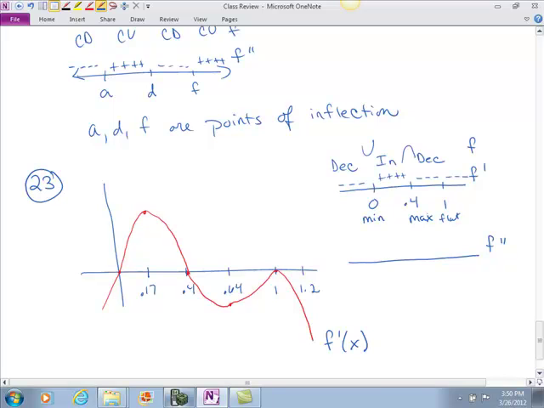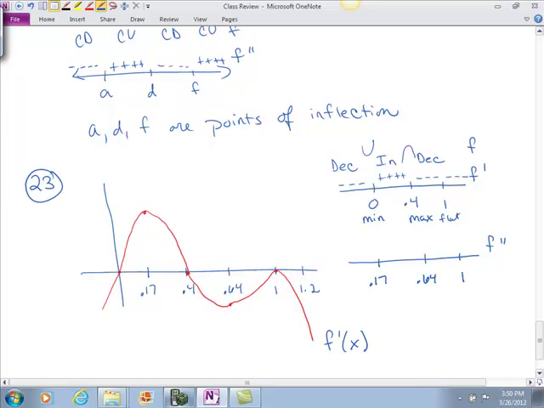Remember, the behavior of the first derivative, in terms of increasing, decreasing, maxes and mins, is going to tell you the sign and also the critical points of the second derivative. They're not called critical points, they're possible points of inflection. So the possible points of inflection for the original function will be at 0.17, 0.64, and 1.